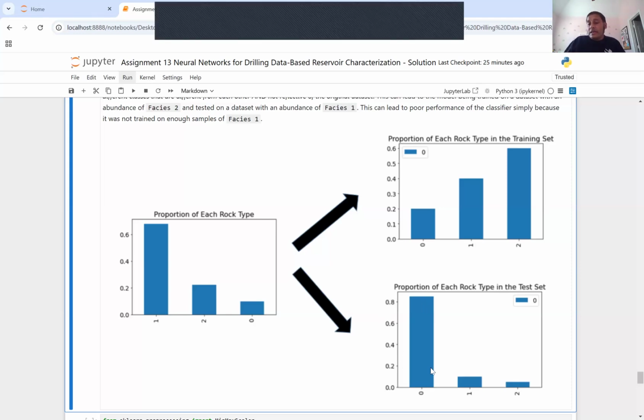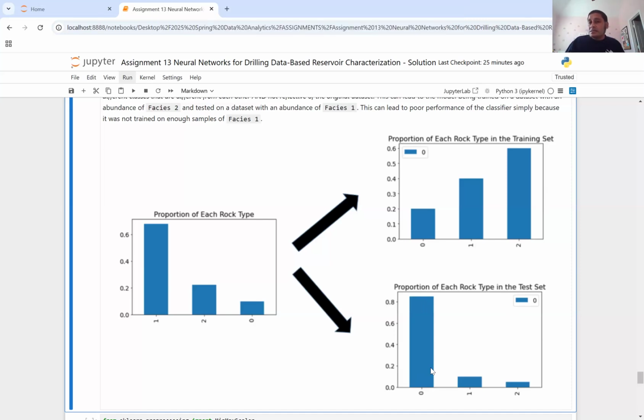And if we ended up with a training and a test split that look like this, then during training, our model is going to be seeing an abundance of facies 1 and facies 2 and very little of facies 0. Whereas when I take that model for validation or for testing, it's largely just going to be seeing facies 0, and it's not going to be seeing facies 1 and 2.